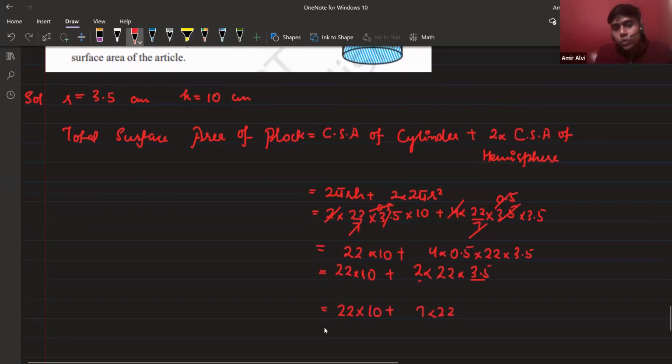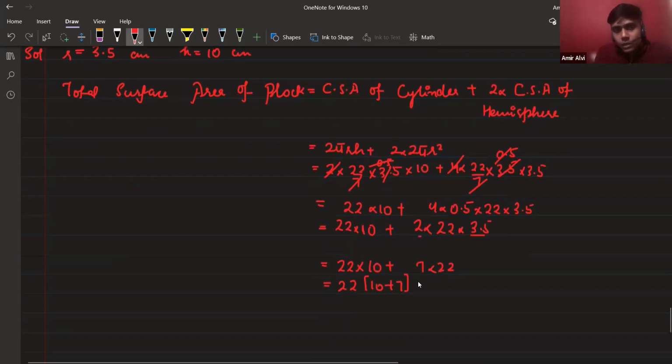Clear? So 22 can be taken out common. So this will become 17. 10 plus 7 centimeter square. 22 into 17. Clear? So 22 into 17 is 374 centimeters square.